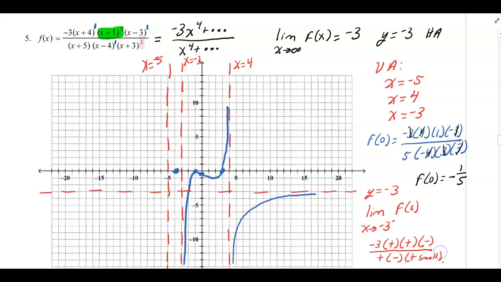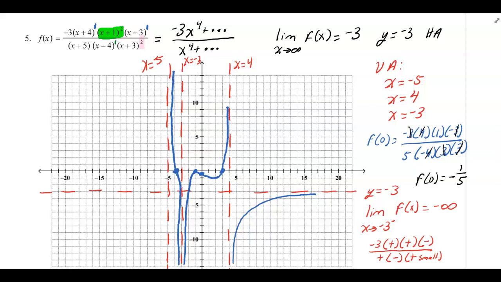Remember, when you square, you get a positive. So multiplying this out, this is going to go to negative infinity. And that matches up because the exponent on the x plus 3 is 2, which means it has to start down at the bottom, go through this x-intercept, and then keep going towards the top.